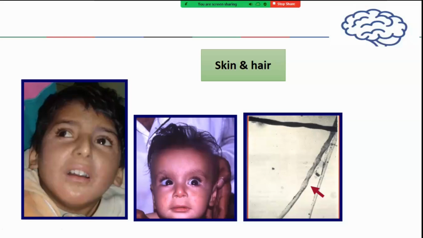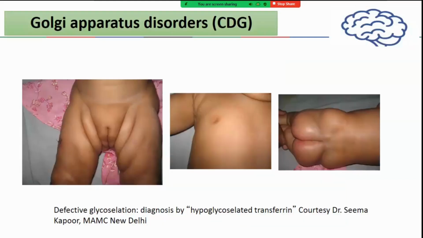The diagnosis can be confirmed by doing a routine hair microscopy. Here you can see what we call pili torti, and there are many other signs which we see under the microscope. The diagnosis can be confirmed later on by molecular studies, otherwise earlier copper, ceruloplasmin and all those things.